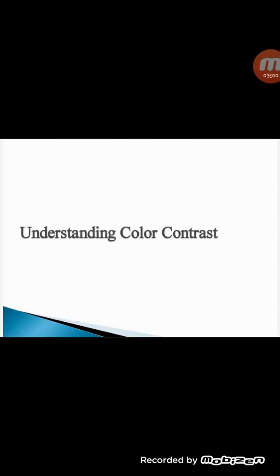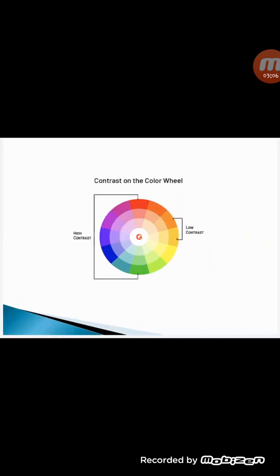Understanding color contrast. It is easy to understand how color can create contrast. For example, complementary colors provide a high level of contrast. Complementary colors are colors that are located directly across from each other on the color wheel.